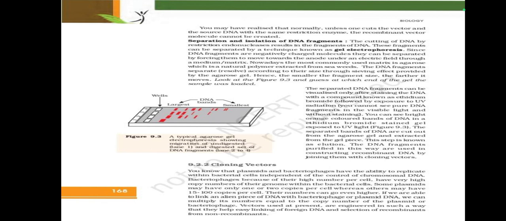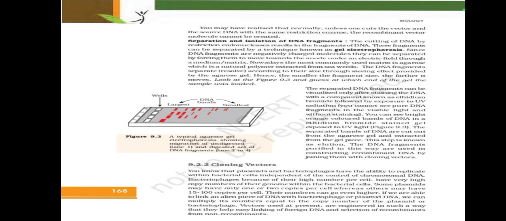The separated DNA fragments can be visualized only after staining the DNA with a compound known as ethidium bromide, followed by exposure to UV radiation. You cannot see pure DNA fragments in visible light, and without staining you can see bright orange colored bands of DNA when exposed to UV light.